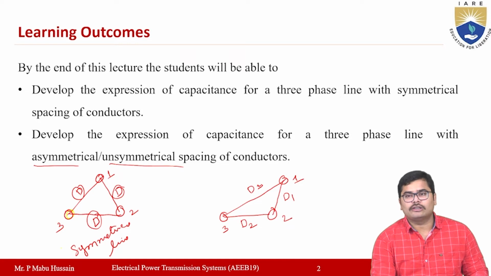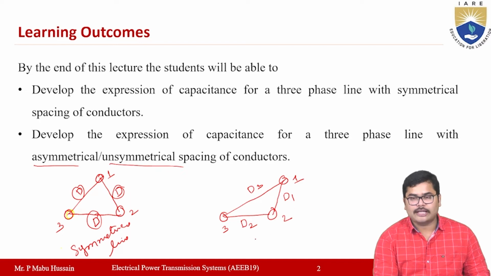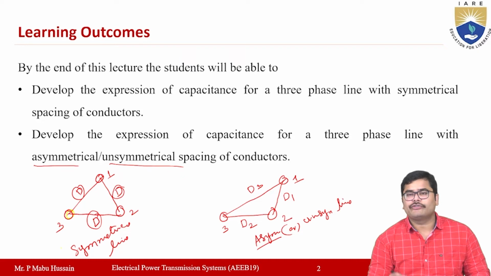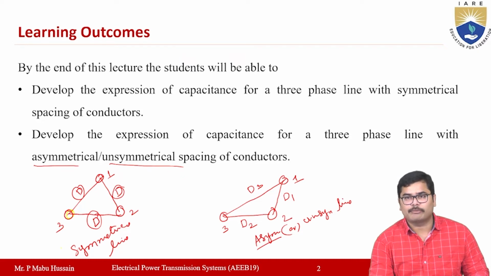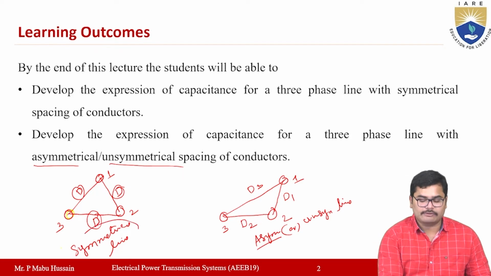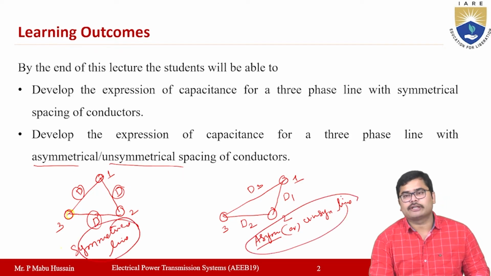Now if you observe all these distances, these distances will not be the same. So this type of transmission line is called the asymmetrical or unsymmetrical transmission line. Now we are going to develop the expression of capacitance for both of these two lines, symmetrical lines as well as asymmetrical or unsymmetrical line.